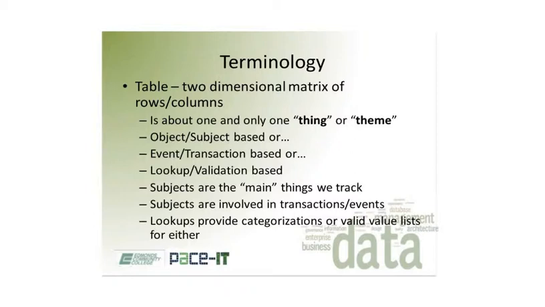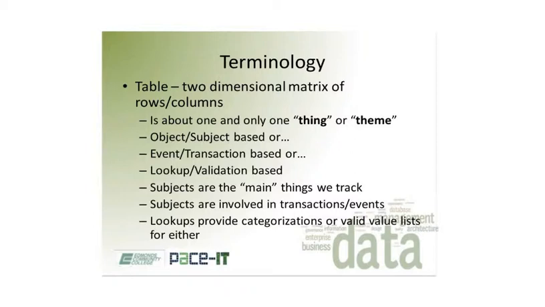So they typically are object-subject based. For instance, student, instructor, perhaps a course, a school, something about which we're going to store data. They could be event or transaction based, and the key with that is those occur in time, but they still are things we store data about. We have another classification of lookup or validation based, where a lookup might classify things.